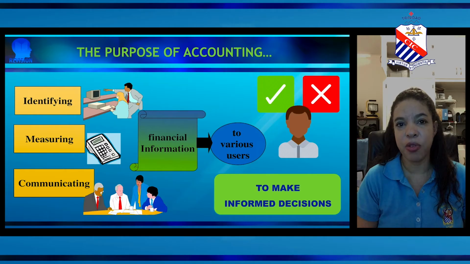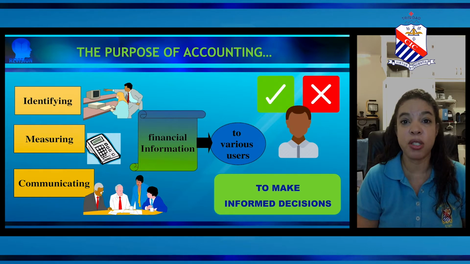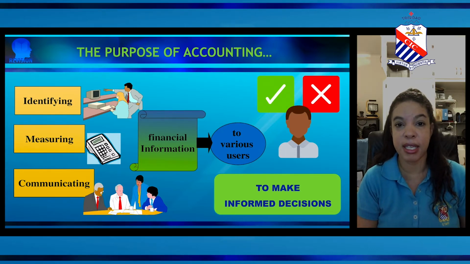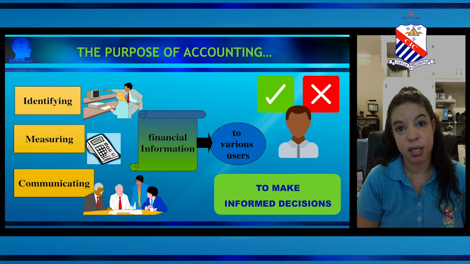The purpose of accounting is really about providing the users with financial information. Remember the internal users and the external users, providing them with information so that they can make important business decisions.